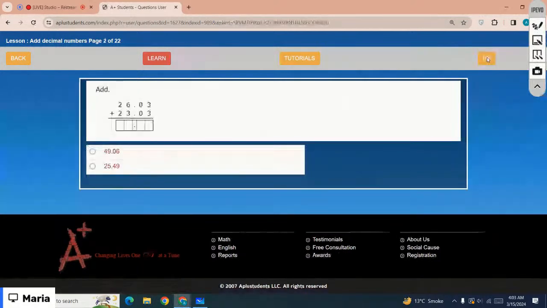Okay, the next one is add 26.03 plus 23.03. So which is the correct option?